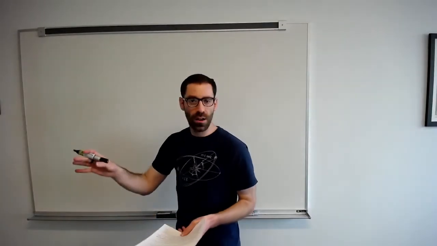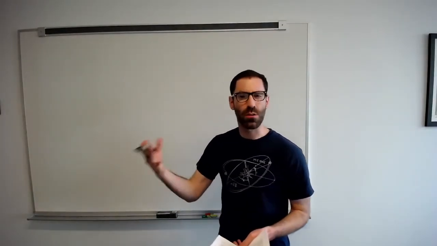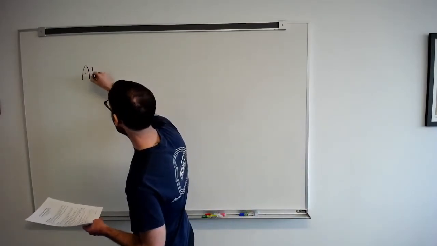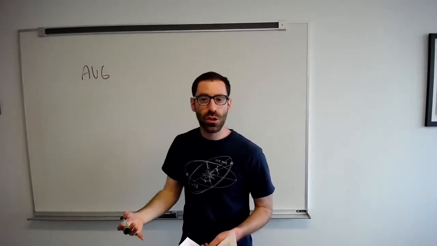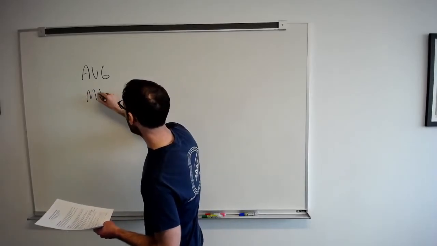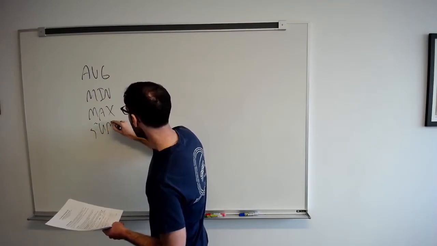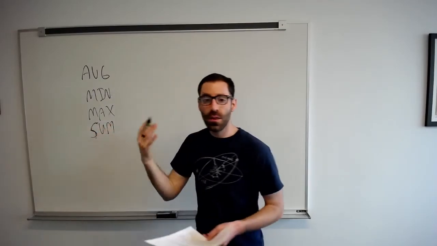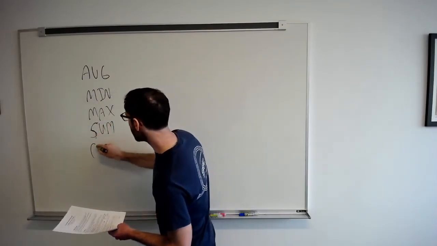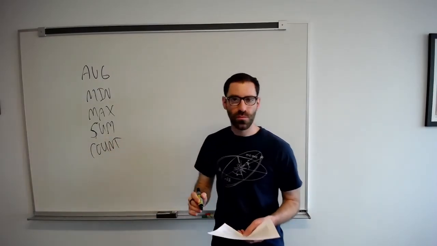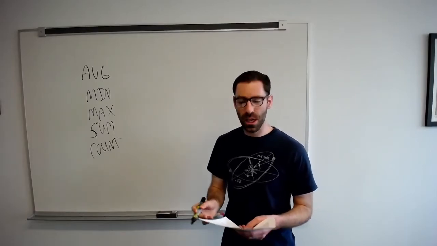So there are 5 aggregate functions that we can use in SQL that I wanted to mention. We have the ability to average the values of some attribute, find the minimum or the maximum, sum up the values of an attribute, as well as simply count how many tuples are returned by a particular query.